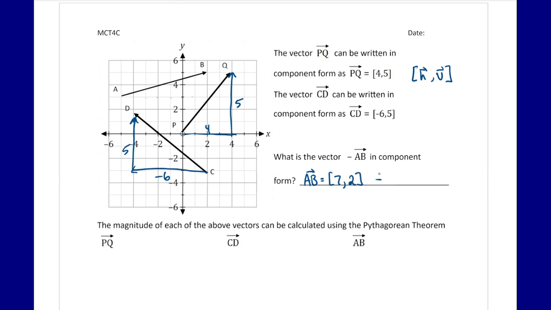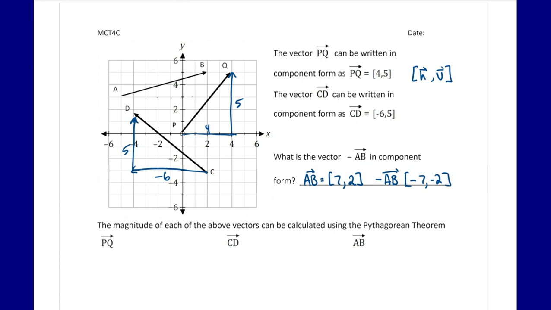But negative AB wouldn't be both components negative. It would just be going in the other direction. So we might say, oh no, it would be actually my mistake. If it's going the other direction, it'd be negative 7, negative 2.